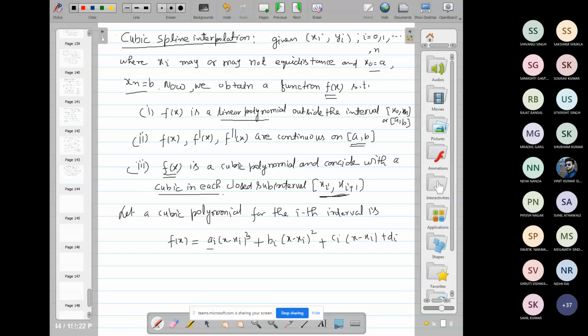This cubic polynomial passes through the end points of the interval, xi and xi plus 1, so the equation is valid for both points.